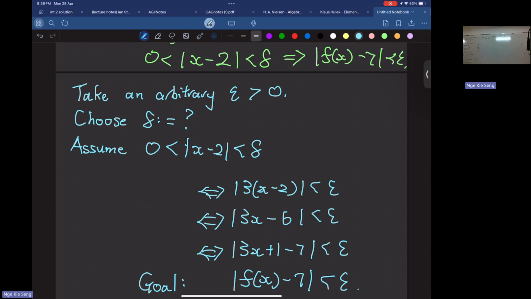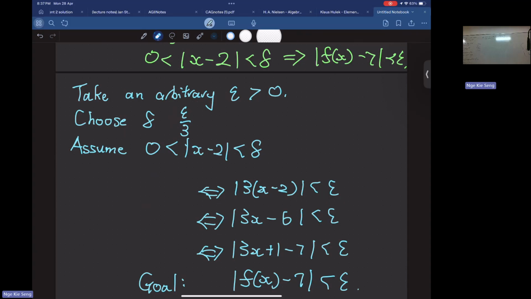What delta you want to pick? Any other suggestion? Pick delta less than epsilon over 3.